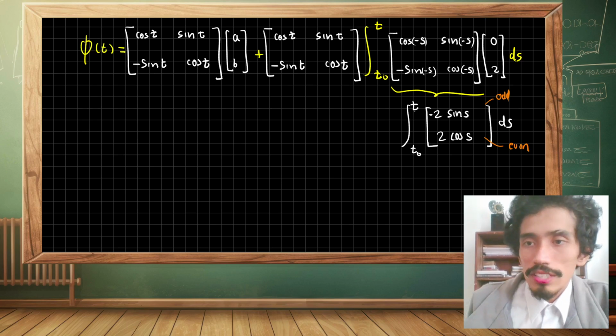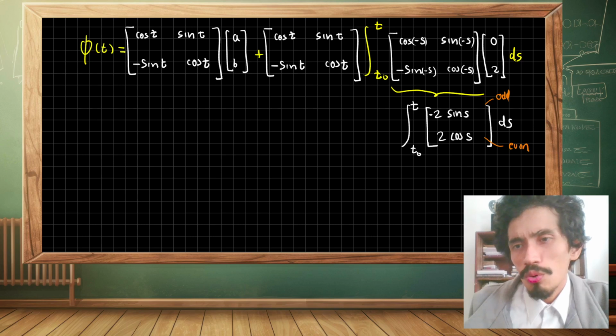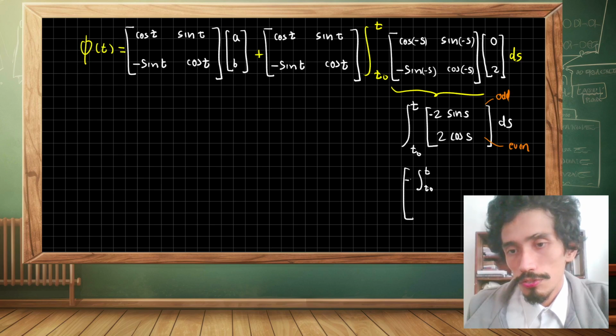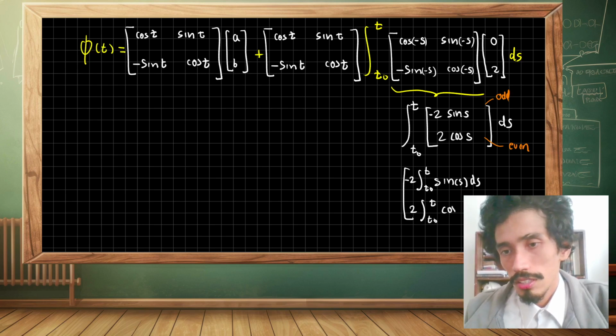All right, so to integrate a row, a column, you can just integrate each entry. So this is equal to, let's put a coefficient outside, the integral of sine of s ds and 2 times the integral of the cosine of s.